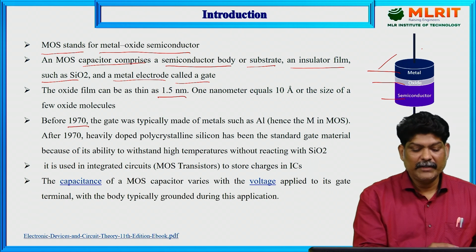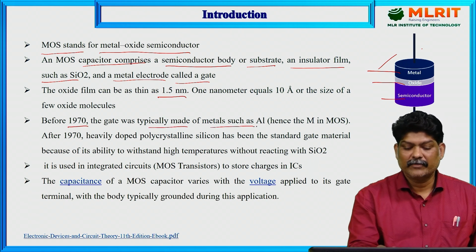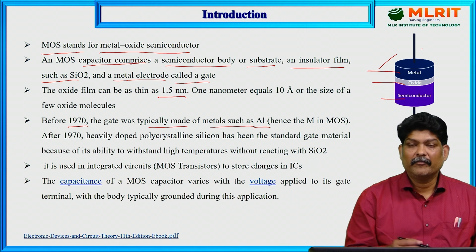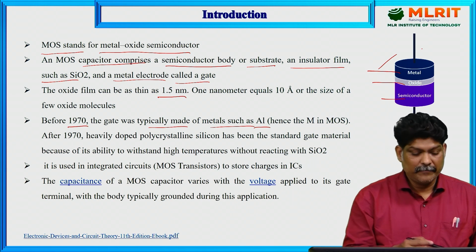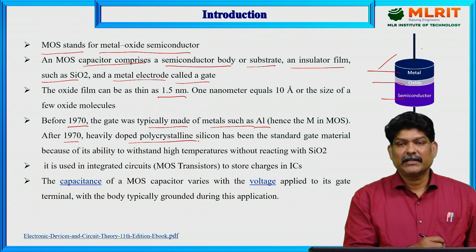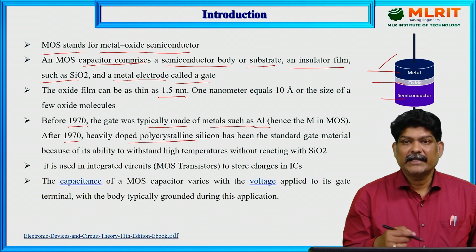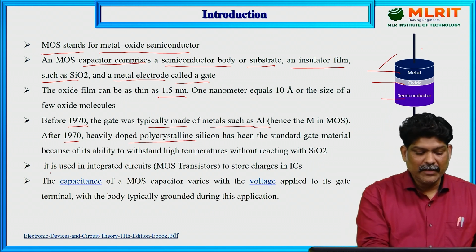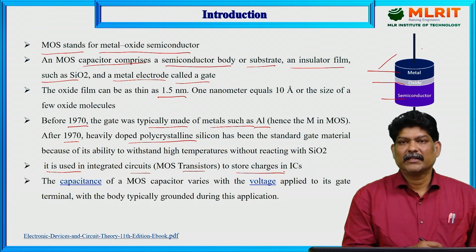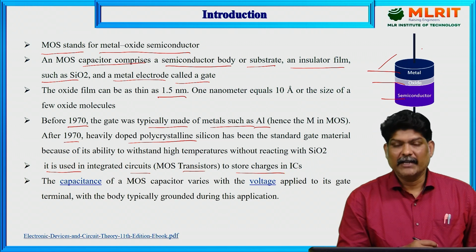Before 1970, the gate was typically made of metal such as aluminum, hence the name, M stands for metal. After 1970, heavily doped polycrystalline silicon has been the standard gate terminal. It is used in integrated circuits, MOS transistors, to store charges in the ICs.